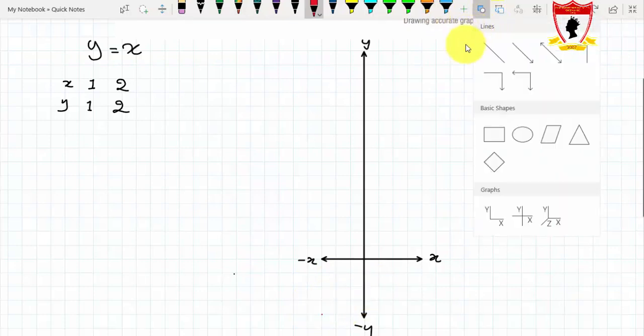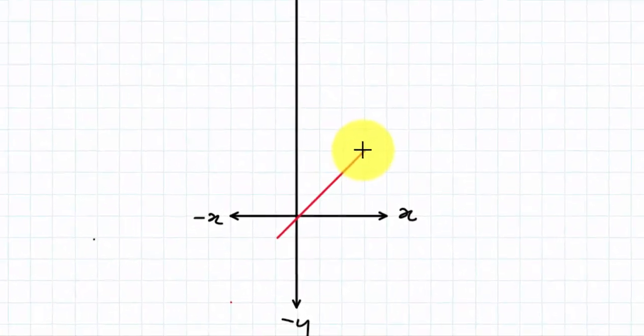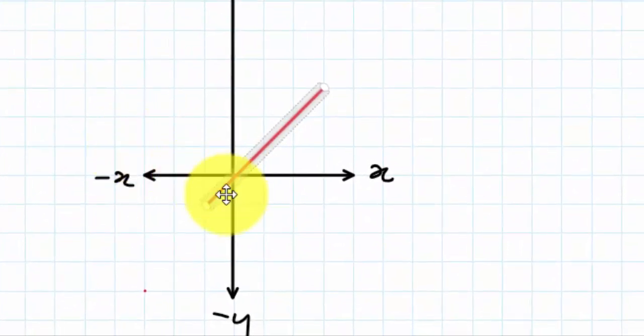The question wants the graph from negative 1 on the x-axis, which is here, up to 3 on the x-axis. Y is equal to x, means the points negative 1, negative 1, 0, 0, 1, 1, 2, 2 are all on this graph.